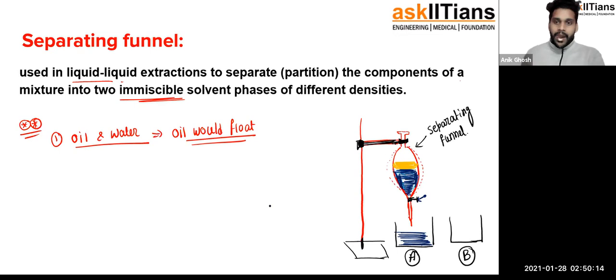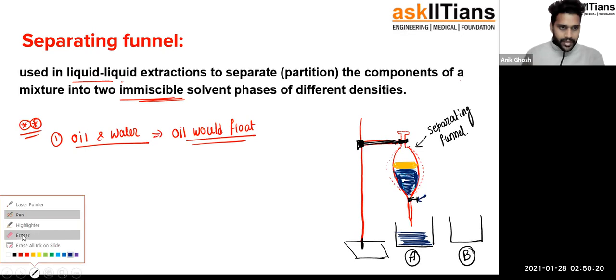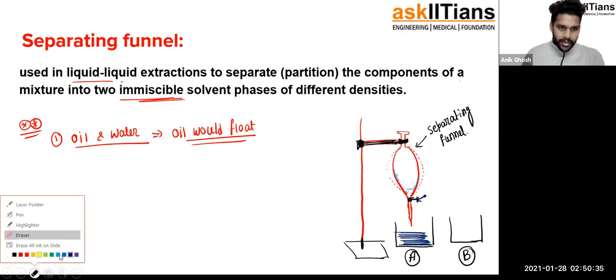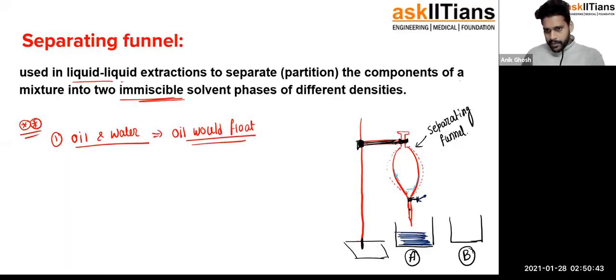Now try to imagine this. There would be a time when this entire blue part would vanish. After a moment, the picture would look like this. There would be the blue part over here.